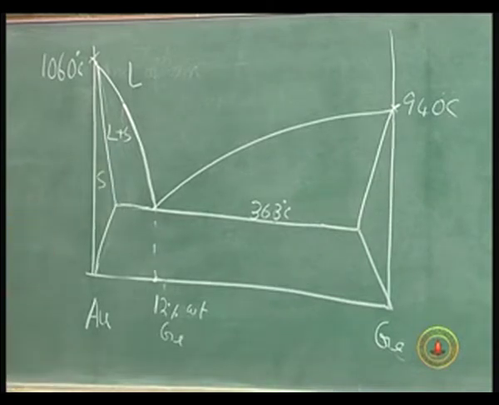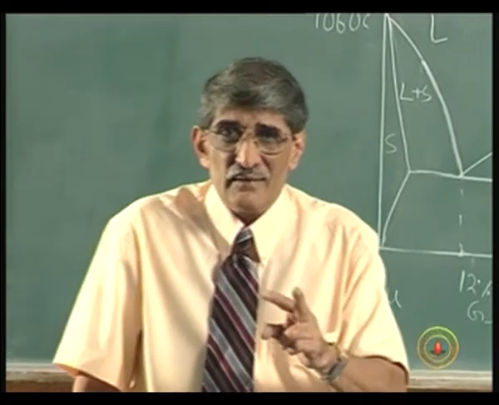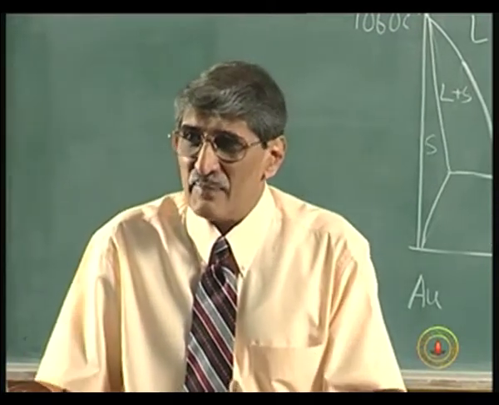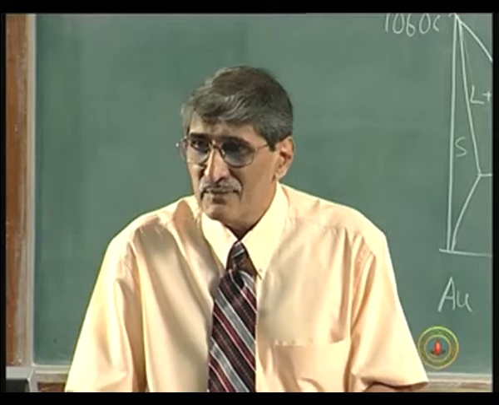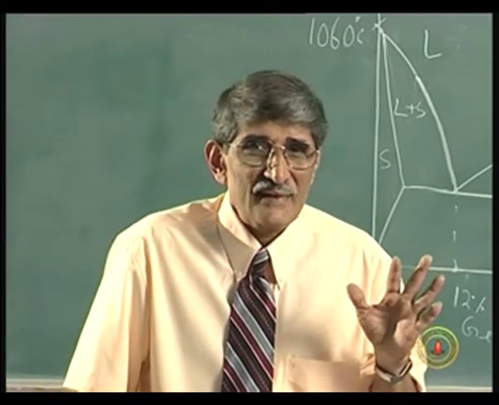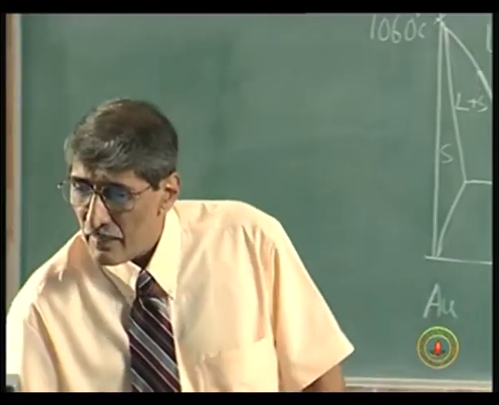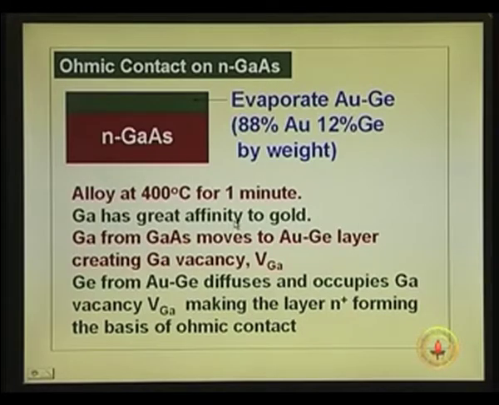Okay, two things happen. Ultimately what happens is, when you do this alloying at 400 for 1 minute, you get the ohmic contact nicely onto gallium arsenide. The mechanism is like this. The gallium from the substrate, gallium arsenide, okay, moves towards the surface. In fact, when you go to a temperature slightly more than the eutectic, this is the melting point.